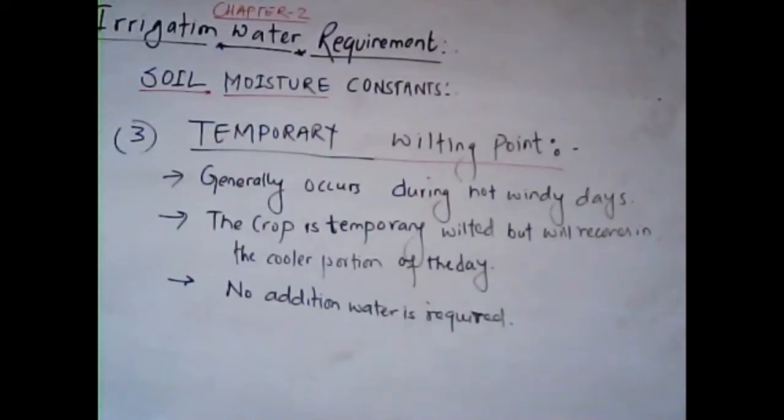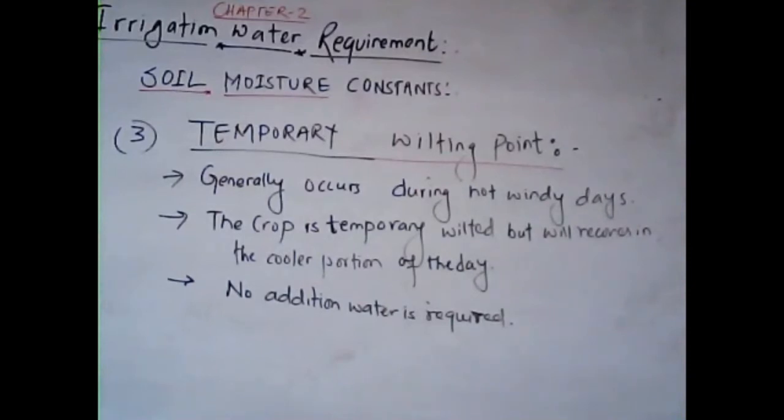During the hot portion of the day, the plant just loses its turgidity. But as the day proceeds and the cooler portion of the day occurs, the plant regains its original shape. So in such a temporary wilting point, there is no addition of water required.